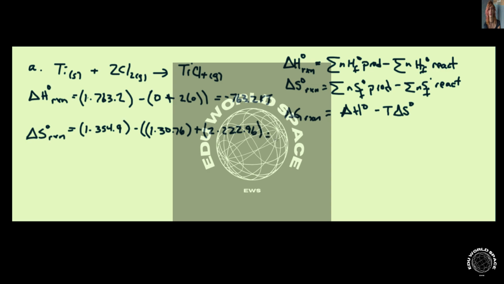And we're going to get that value as negative 121.8 joules per Kelvin. But to use it for delta G, we're going to take negative 0.1218 kilojoules per Kelvin.